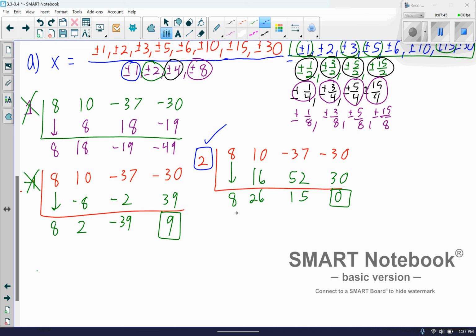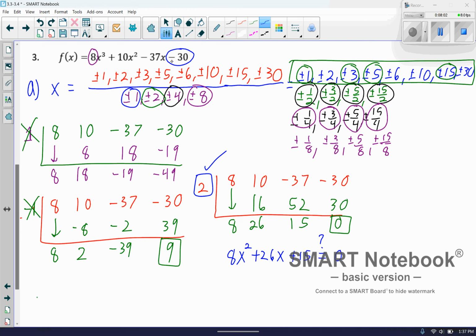Then we take the quotient and put the variables back and reduce them by a power. So that's going to be 8x squared plus 26x plus 15. And now we want to figure out what makes the quotient equal 0. Technically what we've done is we've basically factored this right up here. My solution was 2, so as a factor that would be written as x minus 2.